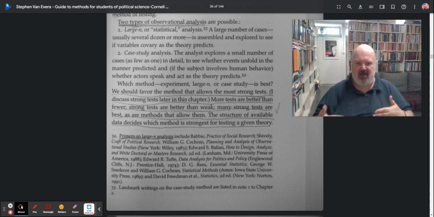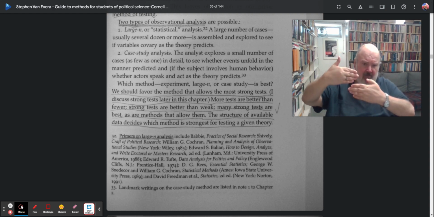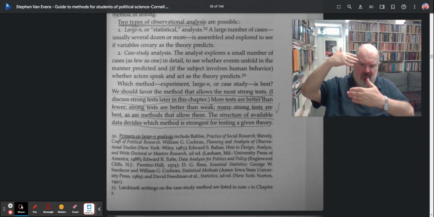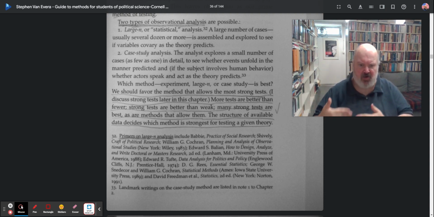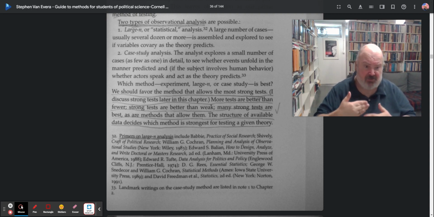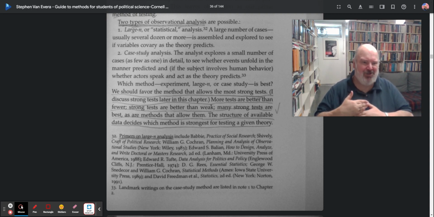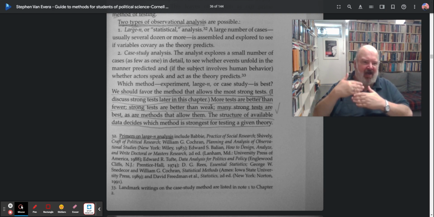We should favor methods that allow for the strongest tests. More tests are better than fewer. Strong tests are better than weak. Many strong tests are best, as are methods that allow for strong tests. So the methods we pick should help us get to the best tests.